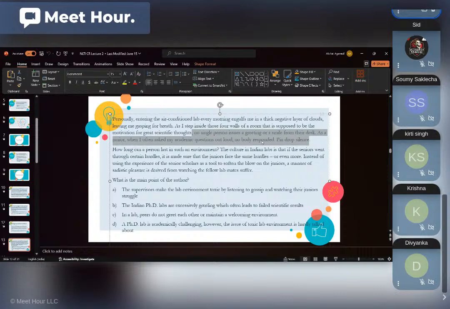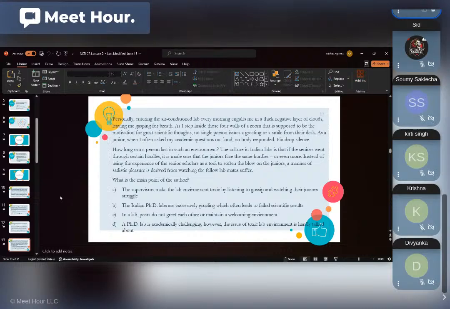The author does not go on about how my peers don't greet me and nobody looks at me. That's not the thing, right? So option D captures the essence of the passage in the sense that it acknowledges that labs are anyway academically challenging. However, the issue of toxic lab environment is something which is even more problematic and very less talked about.